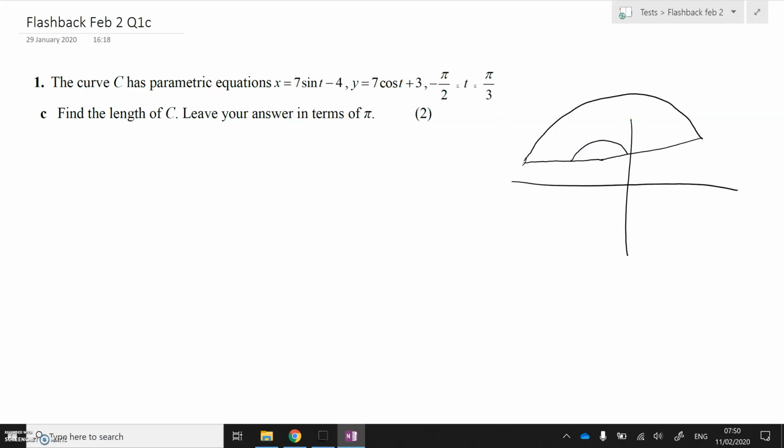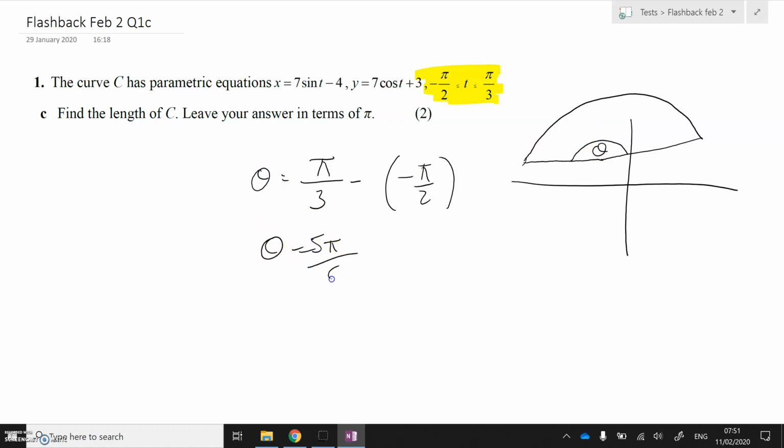Looking at our domain, it seems like our angle is going to be the difference between those two values. So if we do pi by 3, take away minus pi by 2, we get this theta value as 5 pi by 6.